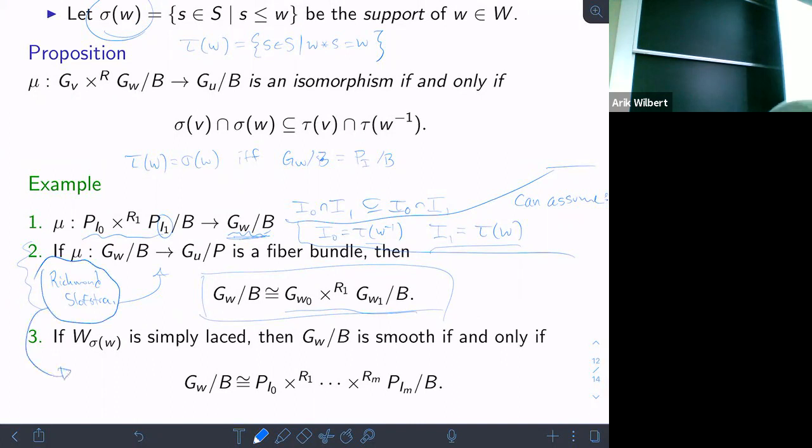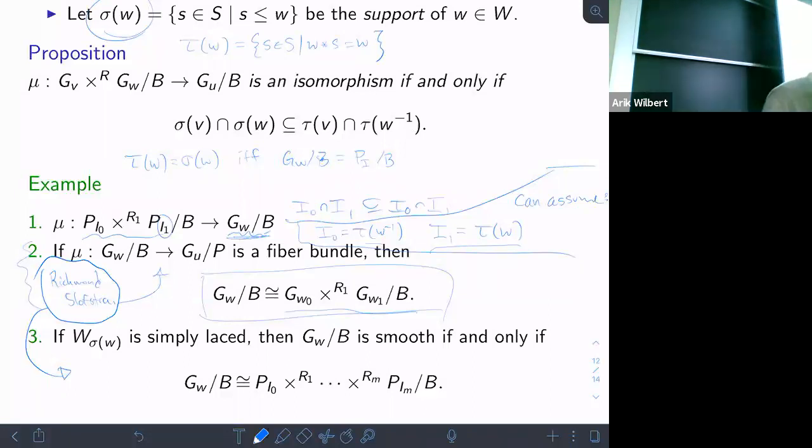This work is also being used in part 3. They are very non-trivial statements. What they were able to do is say exactly when any Schubert variety is smooth: if it's smooth, it's some iterated fiber bundle of smooth things in Grassmannians.